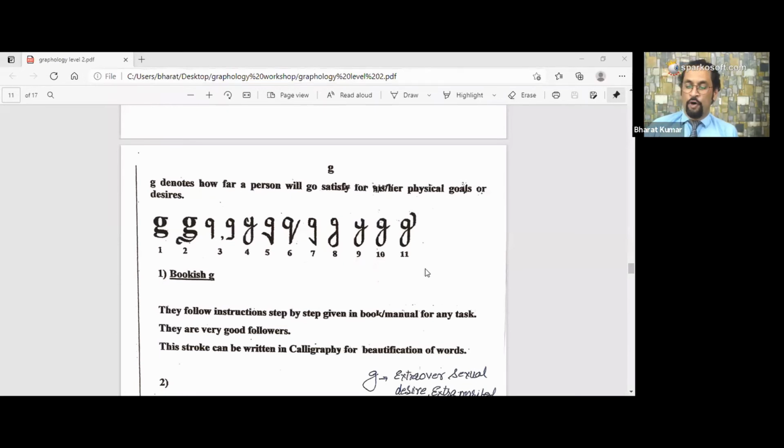Next, the fourth kind of G. Check what the problem is in this fourth kind of G. The lower part is perfect. The upper part has a loop as well as a hook. And remember, whenever you find a hook in any alphabet, A to Z, anywhere, it is not a good trait.